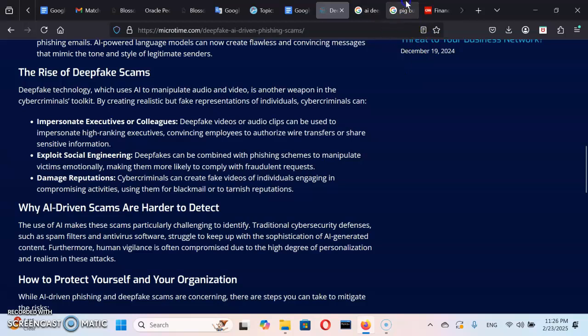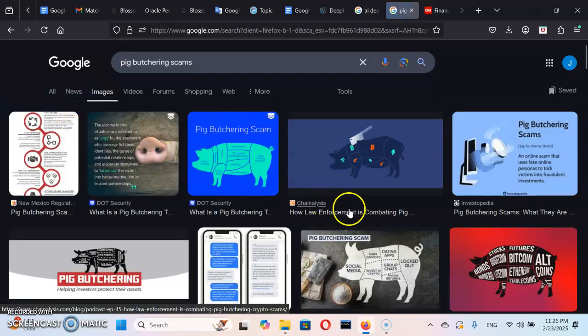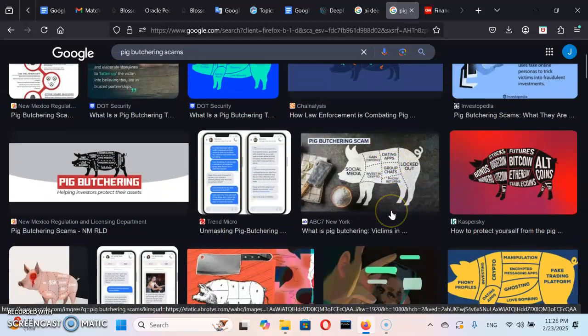With personalized scams, a very common one is known as the pig butchering scam, which involves gaining the trust of the victim first, often in a romantic relationship, and then causing them to go into investment for fake cryptocurrencies. Usually these are only done through texting, but recently I know of a case.